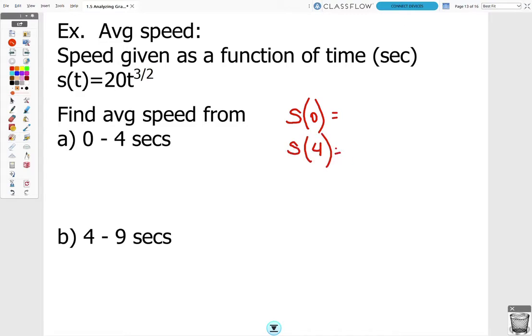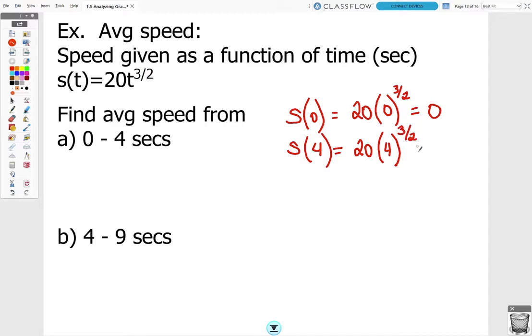And S of 0 is 20 times 0 to the 3/2 power, which, well, 0 to any power is 0, times 20 is still 0. Then S of 4 is going to be 20 and then 4 to the 3/2 power.